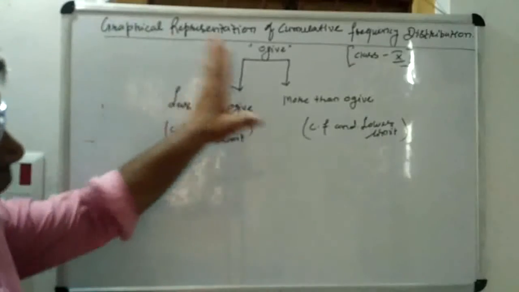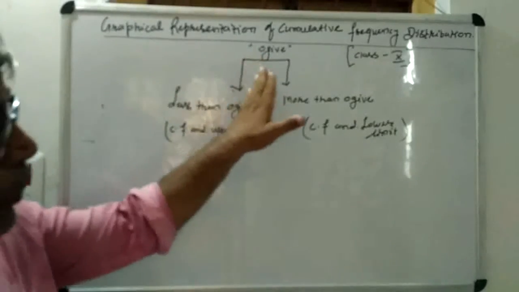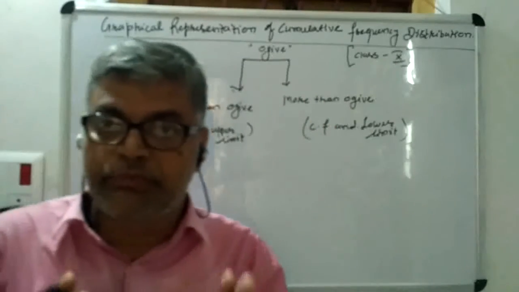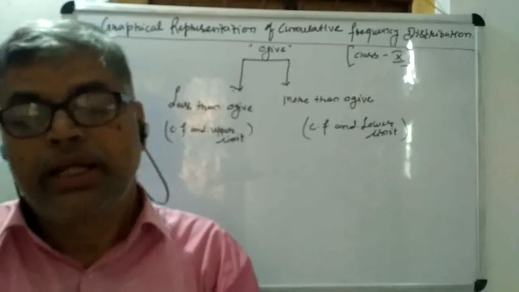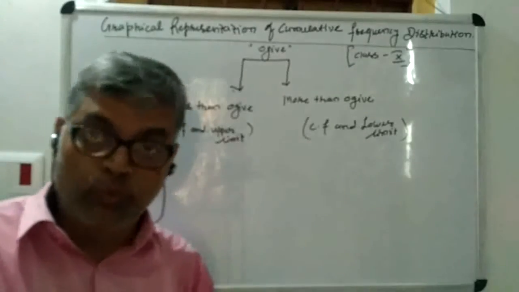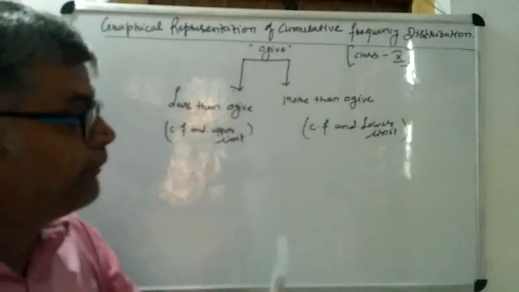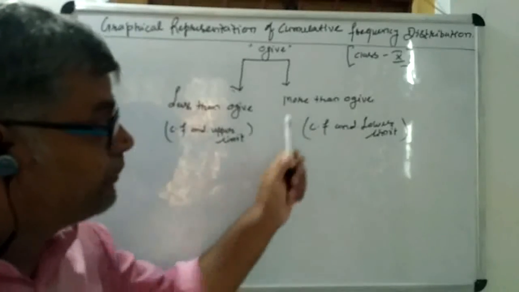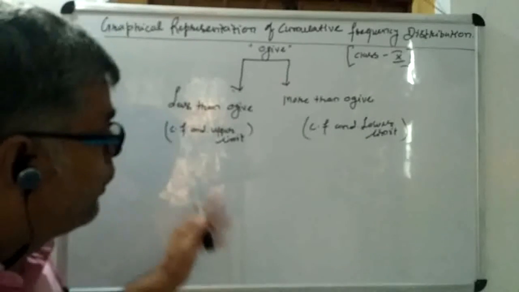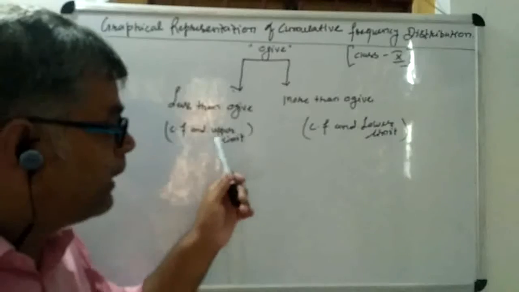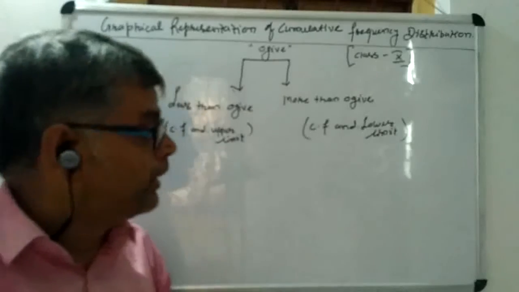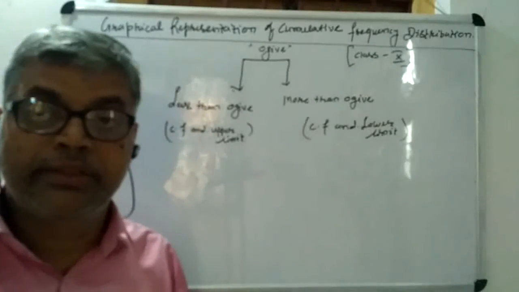First, you know that the graphical representation of cumulative frequency distribution is called an ogive. It is of two types: less than ogive and more than ogive. Less than ogive is always drawn between cumulative frequency and upper limit, and more than ogive between cumulative frequency and lower limit.